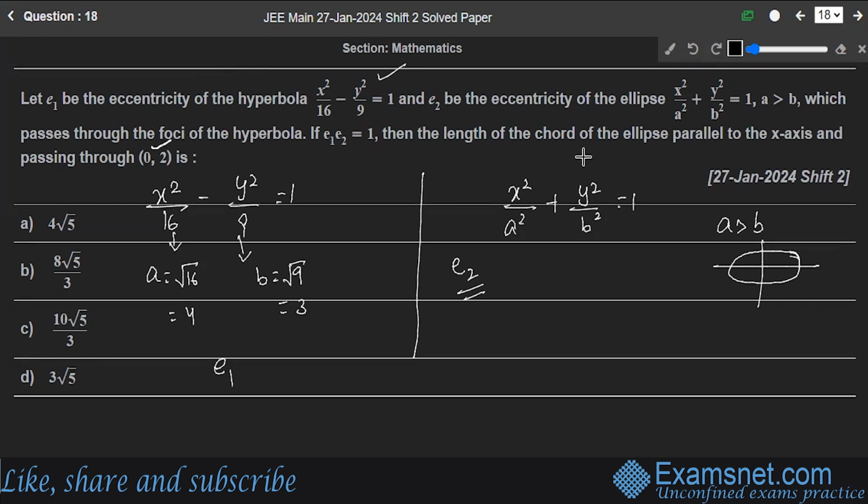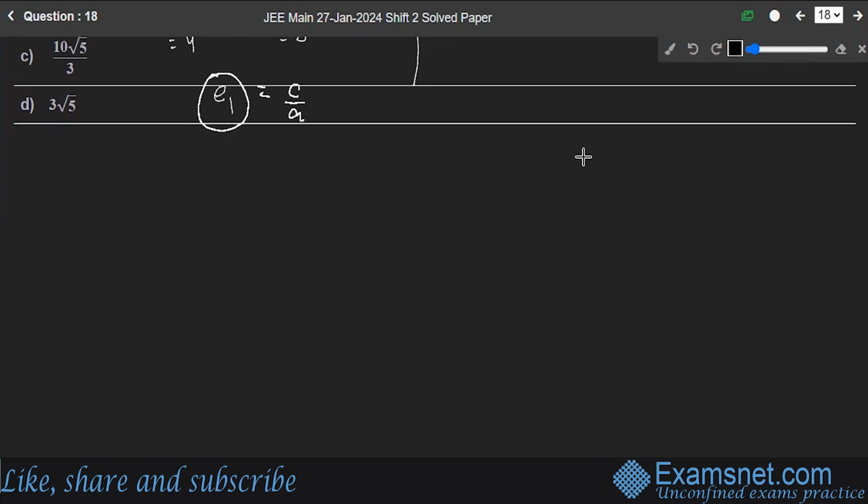First of all, let's come till here. We are just given the equation of the hyperbola, and the length of the chord you have to find out, which is parallel to the x-axis and is passing through this point. First of all, let's get to our hyperbola. I'll find out E1. This is a hyperbola, so the eccentricity is given by the formula square root of 1 plus b square upon a square.